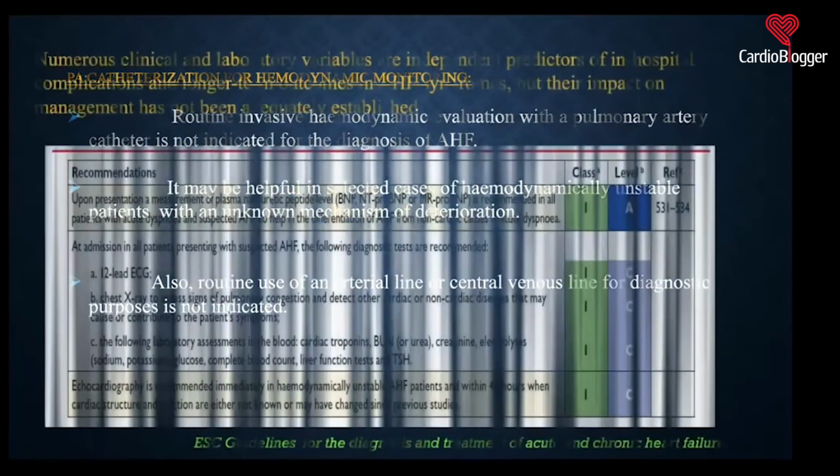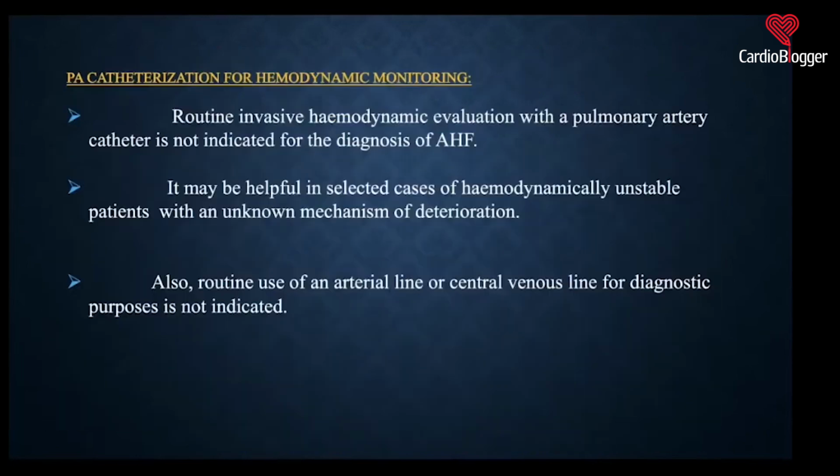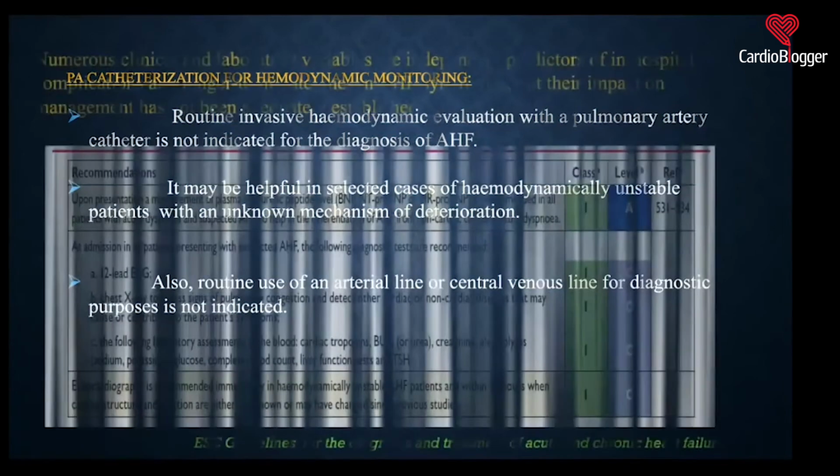Because nowadays we mostly don't need a pulmonary capillary wedge pressure. Even an IVC can tell you the volume status, unless the patient is on positive pressure ventilation, like intubated, where the IVC gives a wrong estimation of your central venous pressures.